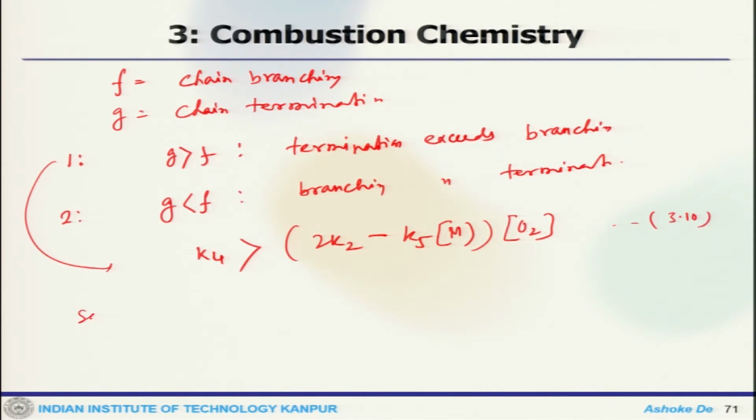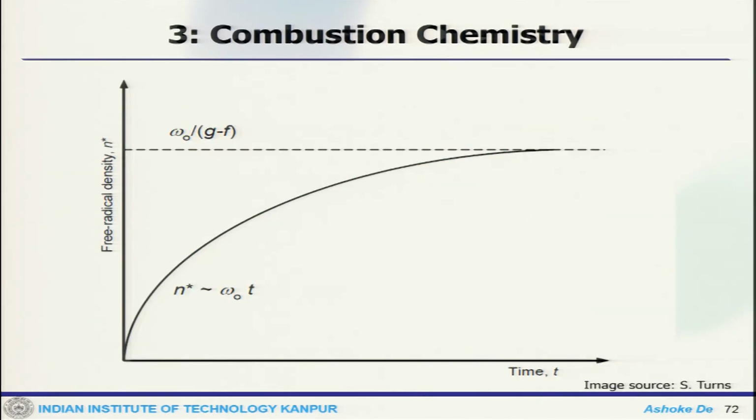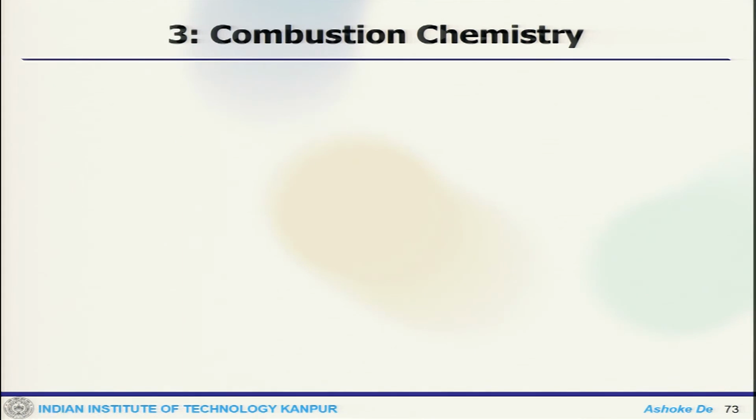So, G greater than F is assured at sufficiently low O2 pressure, and if we plot it with time, this is how the free radical density evolves, and it reaches a state where the solution then becomes n* = W0/(G - F) (1 - e^(-(G-F)t)), which is equation 3.11.